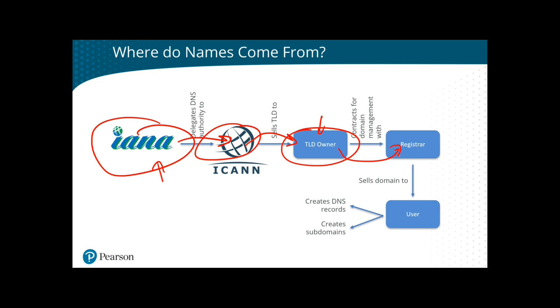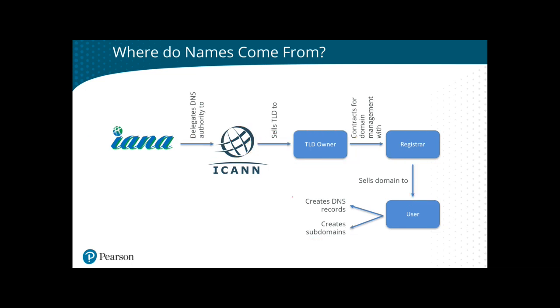And there are others. I think Donuts also does this. But anyway, to manage the top level domain, that registrar will then sell individual subdomains of that top level domain to users to create DNS records, subdomains, etc., that are then used to host websites. So you can see this kind of chain of money. When you pay money to register a domain name, some of that money goes to the registrar, some of it goes to the TLD owner. The TLD owner is paying back for buying the TLD at auction from ICANN, and that's how ICANN makes its money.